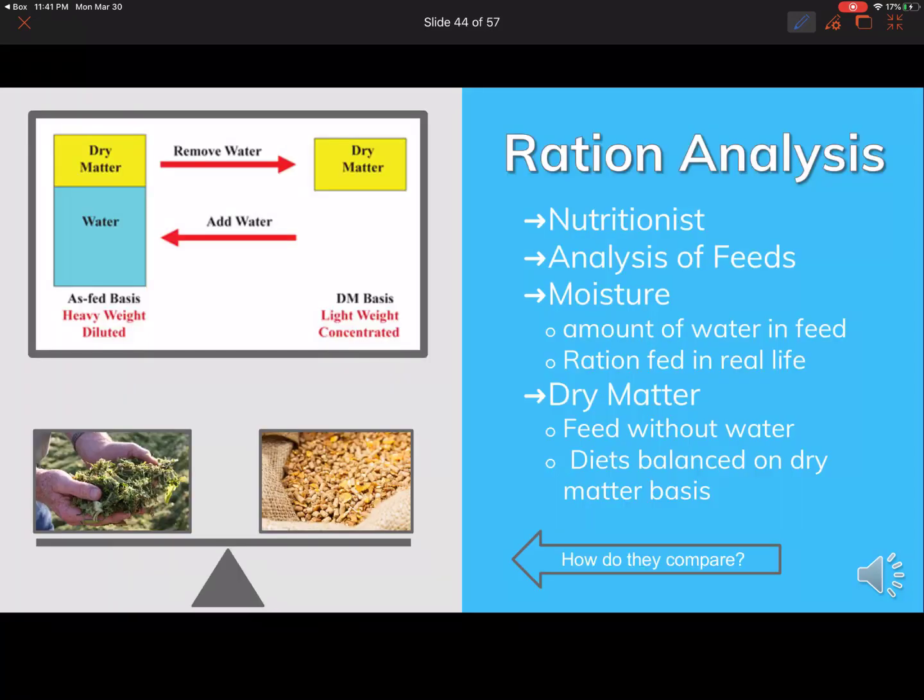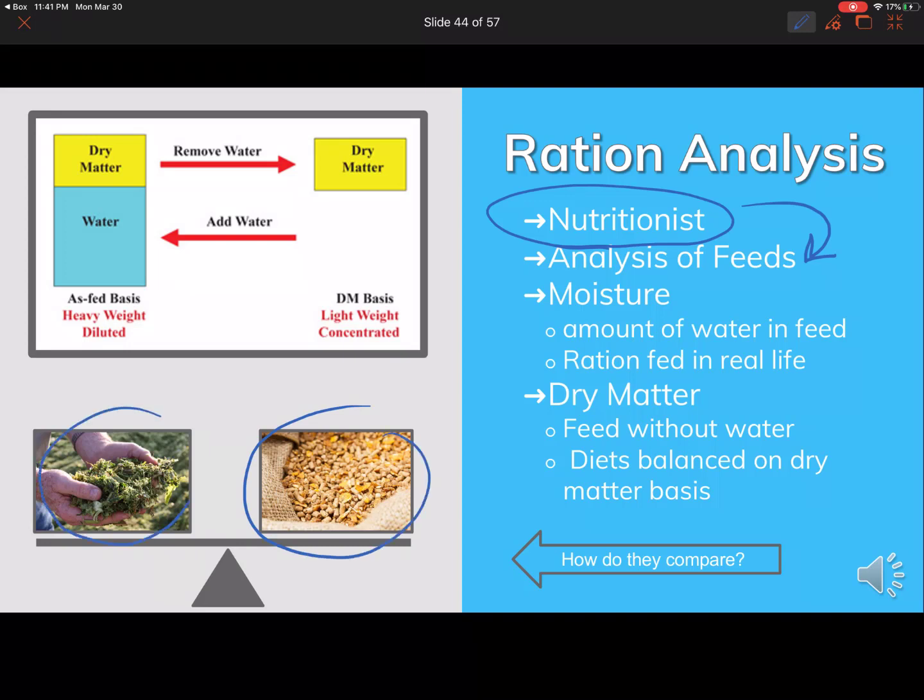So the way that we actually do this in real life is that I have a nutritionist, we'll use Dr. Phillips or I, in the lab, and we're deciding we need to do some analysis, and we need to compare some feeds. So we're going to start by understanding that every feed contains water. If I look at my example below, I've got silage on the left, and I've got some cereal corn grain on the right.